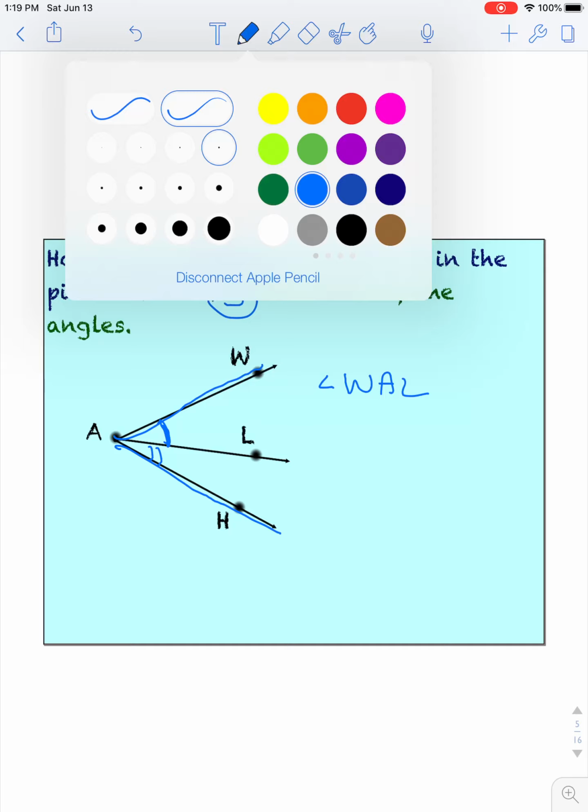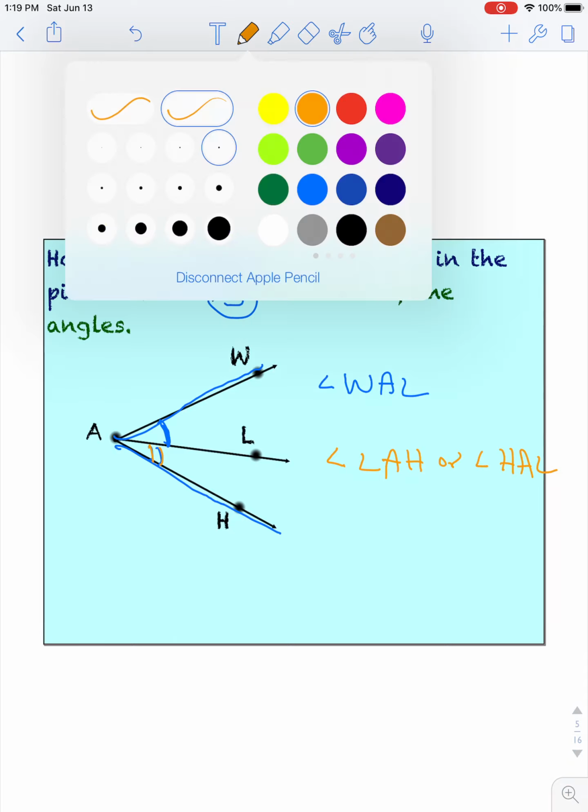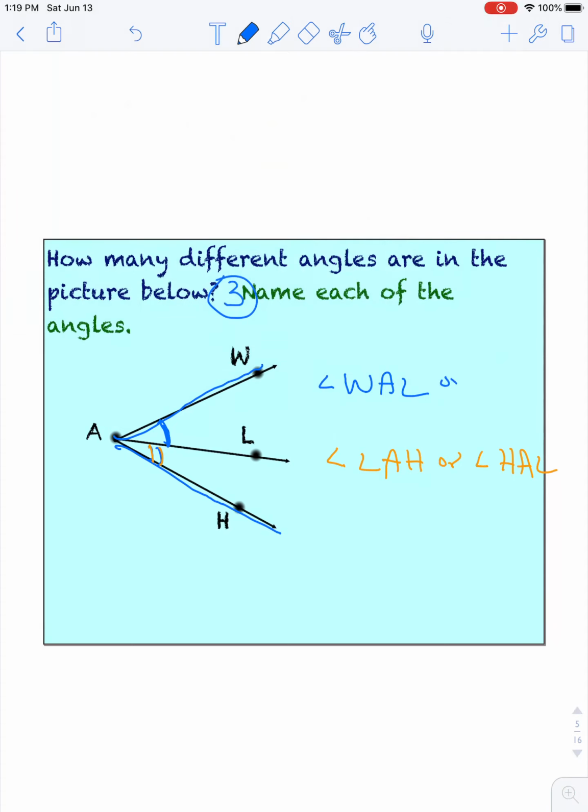And again, I can't name that just angle A because I don't know what I'm referencing. The second angle we drew with 2 tick marks, we could name it angle LAH, or we could name it angle HAL. And I could have gone back up here and named the first angle LAW as well.